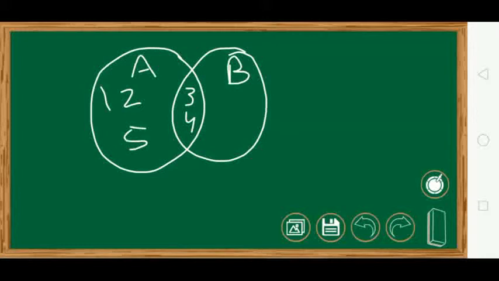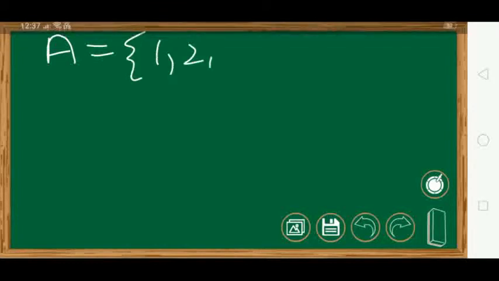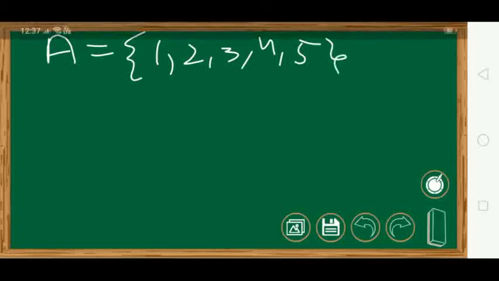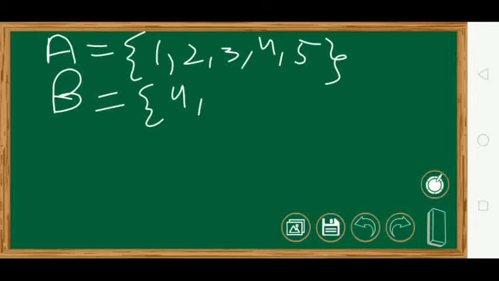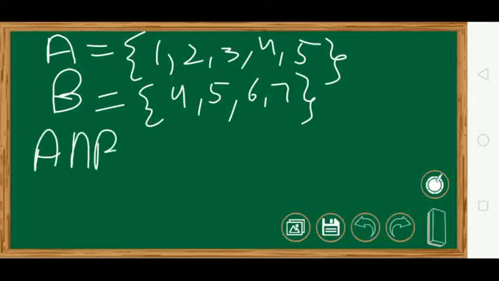So this is A intersection B. I'll take one more example, that is A is equal to {1, 2, 3, 4, 5} and B is equal to {4, 5, 6, 7}. So here also A intersection B is equal to {4, 5}.